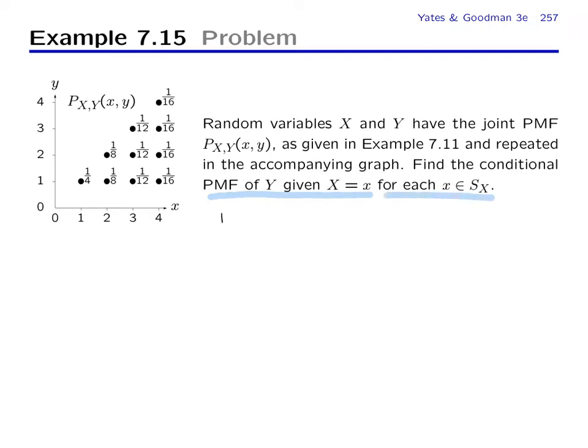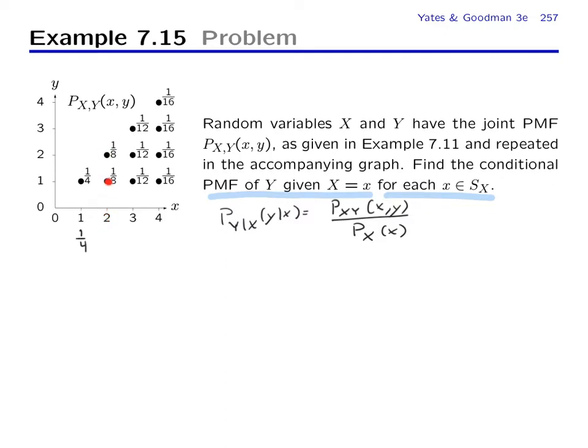We know that our theorem says that the conditional PMF of Y given X is equal to the joint PMF of X and Y divided by the marginal PMF of X. So the key is finding this denominator, the marginal PMF of X. And we can do that by simply looking at this joint PMF and summing the columns so that we find, for instance, that the probability that X is 1 is this column sum, which is just equal to 1/4.